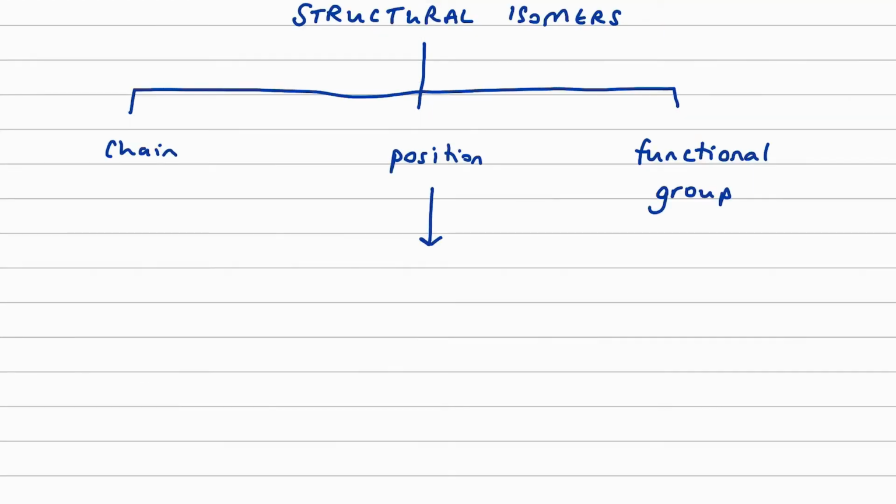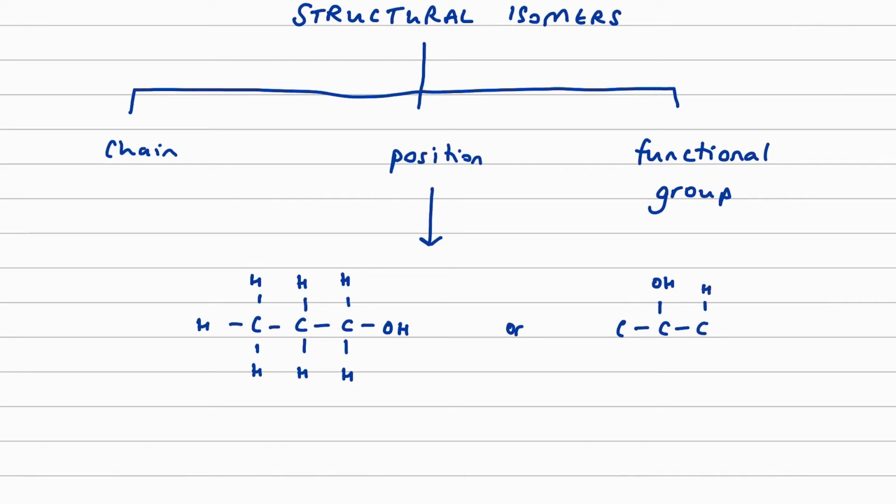Position isomerism is where we have a functional group in more than one position in our molecule, from one isomer to the next. Let's have a look at propanol. So prop, 3 carbons, it's an ol alcohol. So I can have my OH group on the first carbon, or I can have it on the middle carbon.